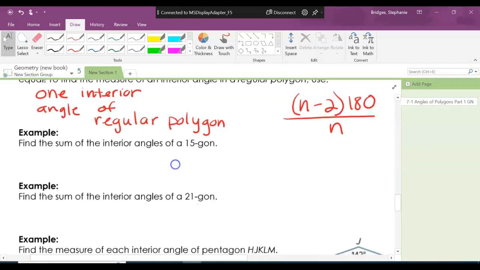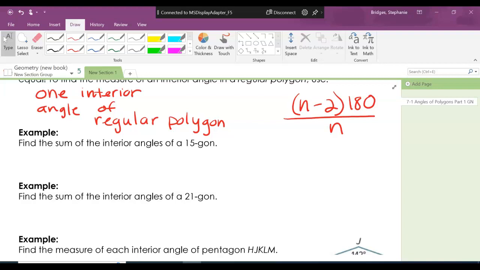Let's take a look at this first one. Get my calculator ready. Putting those up there so we have them to look at.